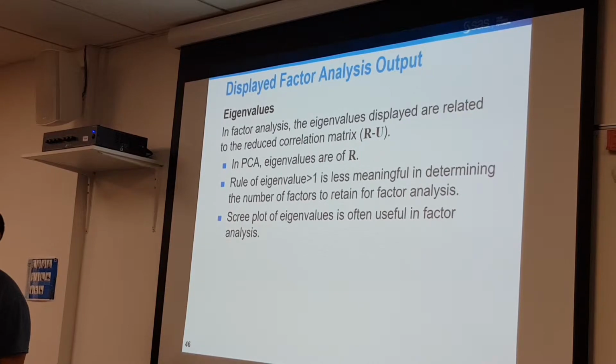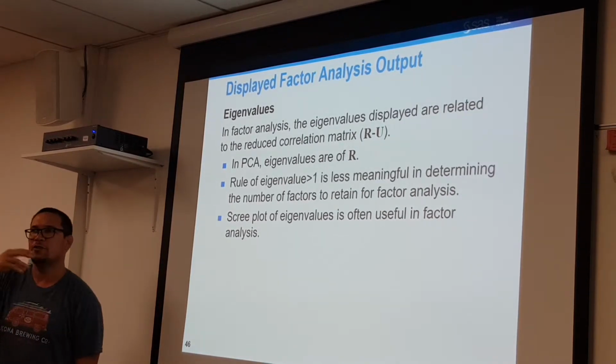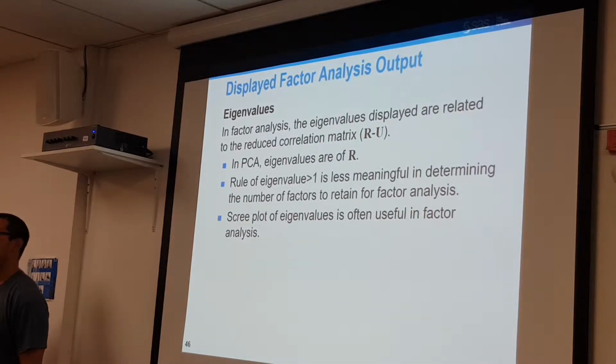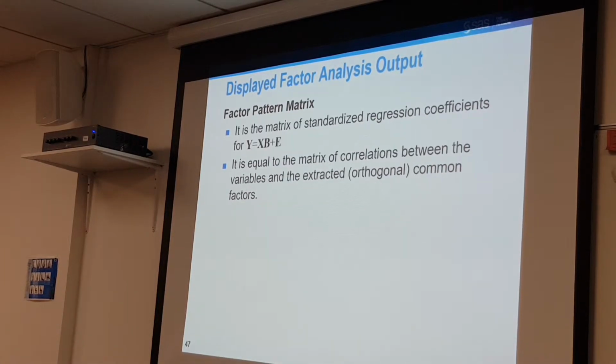Why can you have negative eigenvalues? Because you've made this tweak to the diagonal, so you've got a correlation matrix that's not really a correlation matrix anymore, and the variables are not perfectly correlated with one another according to your correlation matrix. So you can get negative eigenvalues. It still can be useful, but it takes some getting used to.